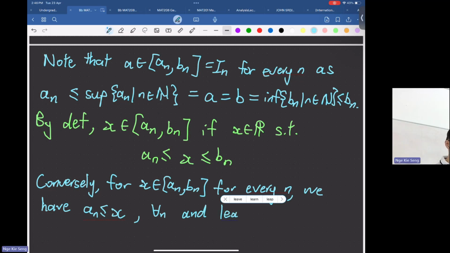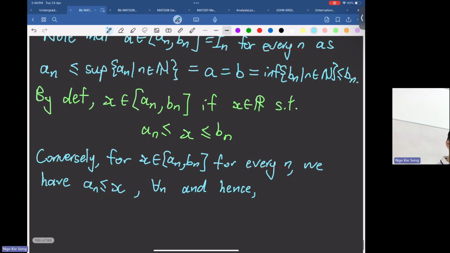In particular, this upper bound is greater than or equal to our least upper bound. Make sense? Because the least upper bound is always less than or equal to any other upper bound. This is the first definition we introduced, which is equal to A, right?